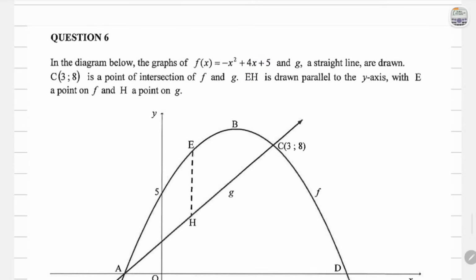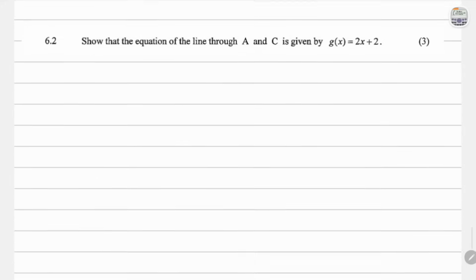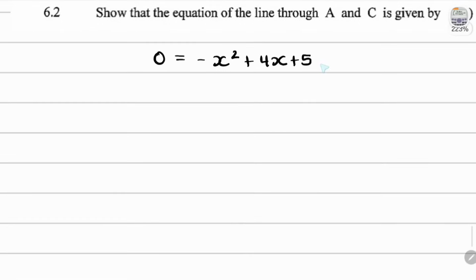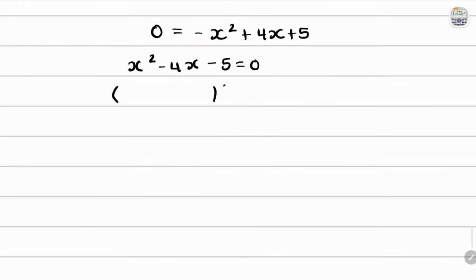This is the equation of the parabola, and we'll set it equal to 0. Okay, at this point, you can multiply both sides by -1 to get that to become positive, or just bring them over. So we have x squared minus 4x minus 5 equals 0. And now we factorize.